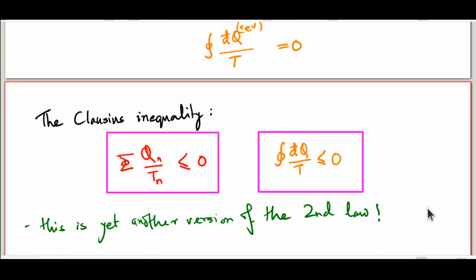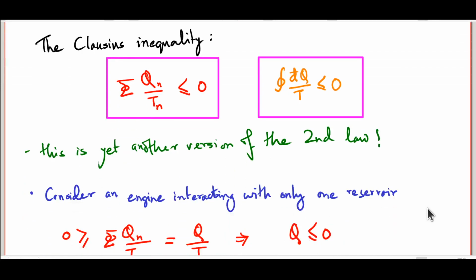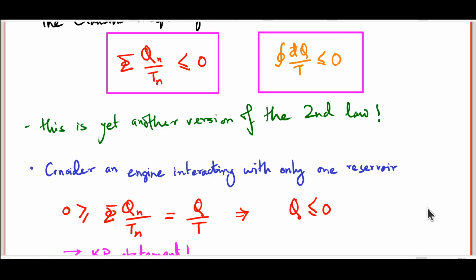To see that, let's first take a look at a situation where you have an engine going in a cycle and interacting with only one reservoir. Because here, because there is only one reservoir, there is only one Q and only one T. So the cyclic integral of Qn by Tn simply becomes Q by T. According to the Clausius inequality, this has to be less than or equal to 0. And since absolute temperature is positive, this implies that Q has to be less than or equal to 0.